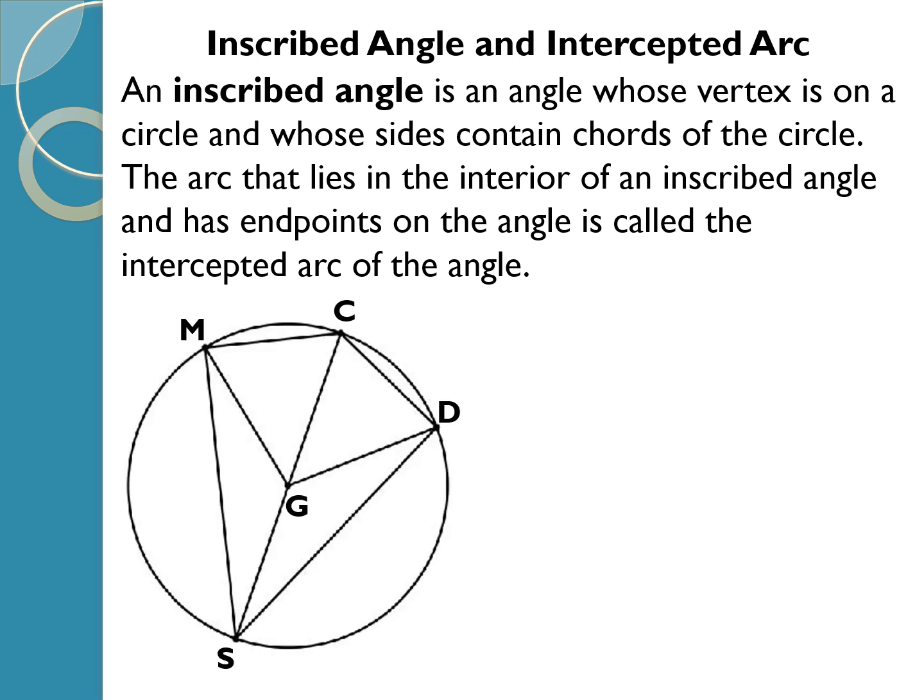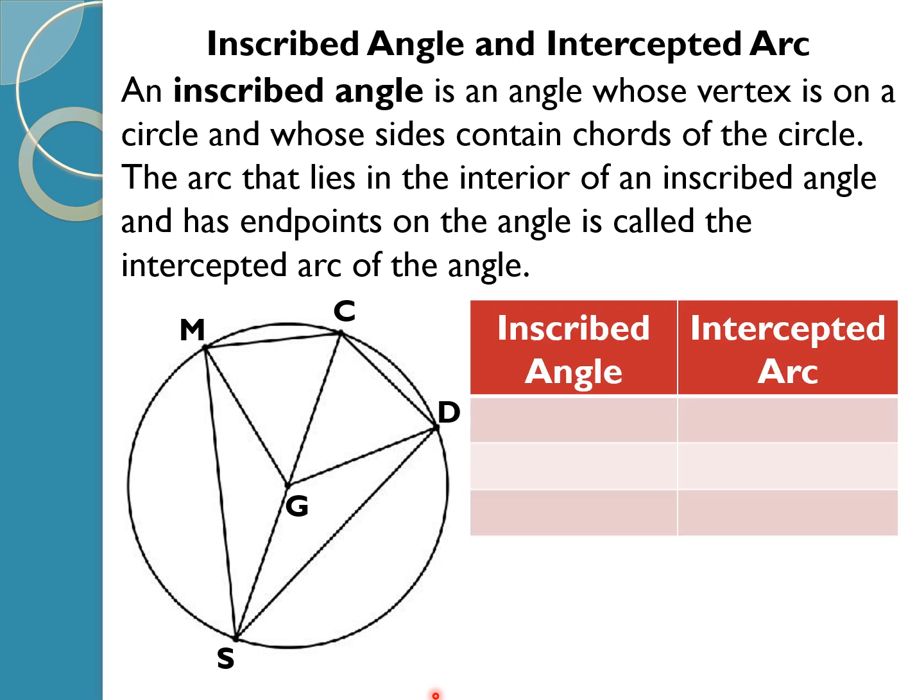So let us consider now this illustration wherein we have circle G. Here, we will identify the inscribed angle and its intercepted arc. First, we have angle MSC.